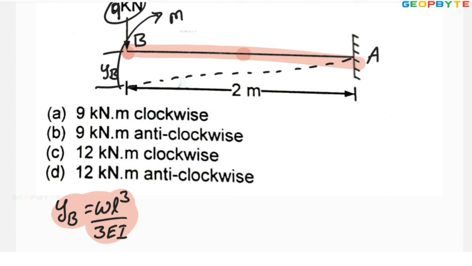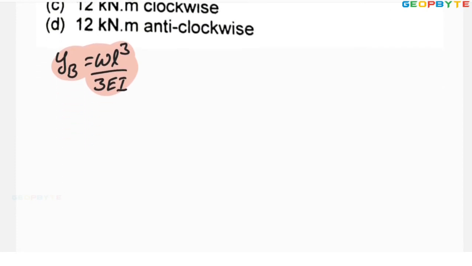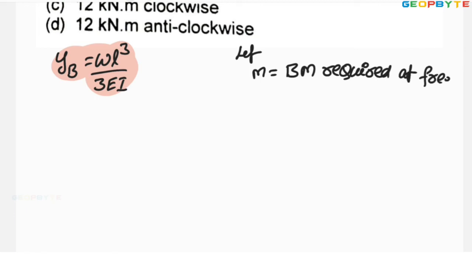What will be the moment that should be applied at the free end? Now for that, assume M be the bending moment. Let us write like this. Let M equal to bending moment required at free end to have zero deflection.